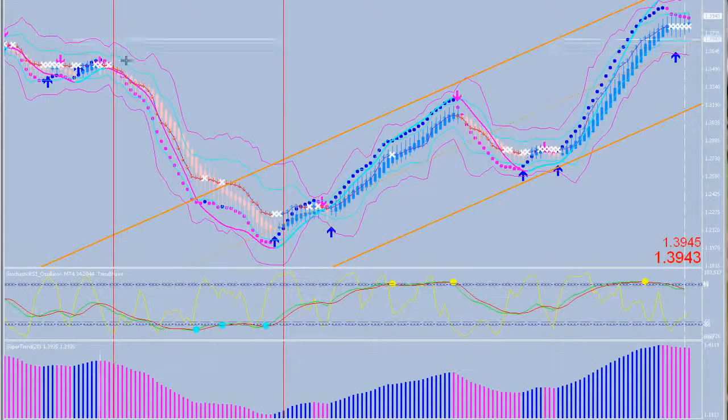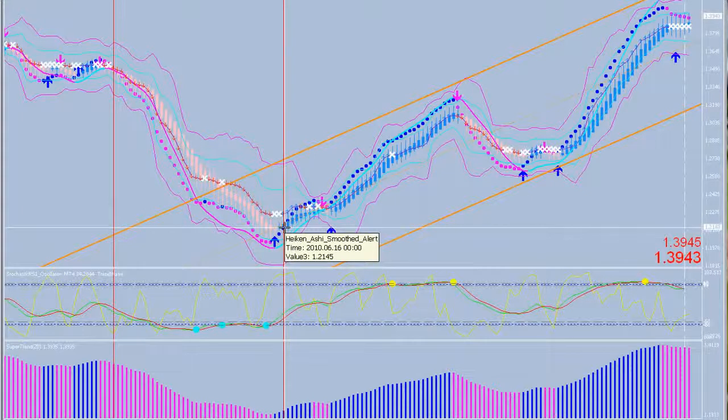So you would jump in long on the candle after the first white X, and you would actually get out when the hot pink dot appears. That's your actual trend. That happens to be 209 pips. But according to this aqua trend line and the trend channel slope, we're definitely in a long uptrend, so you don't trade short in a chart like this.